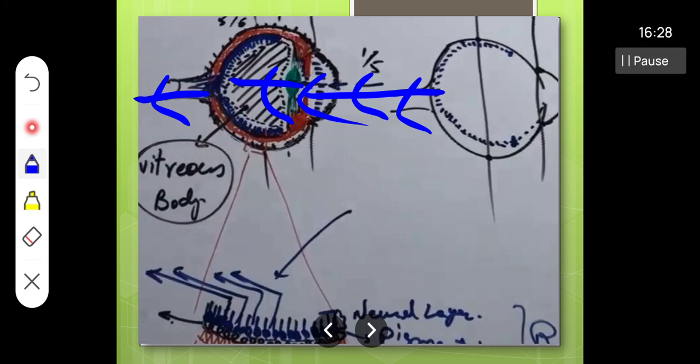And this is about the general structures of the eyeball.